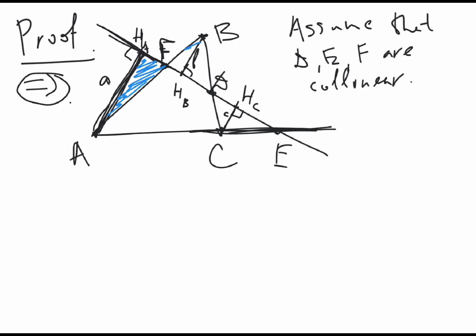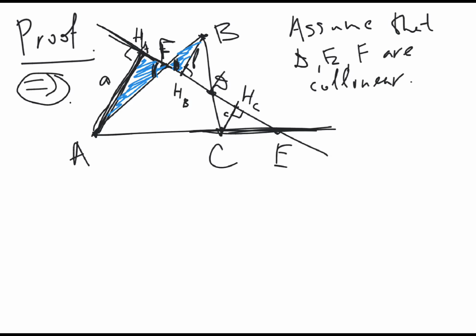This triangle is similar to this triangle, because of two angles: one angle is 90 degrees, and the other angle is the angle between the same two lines, so it's the same angle.